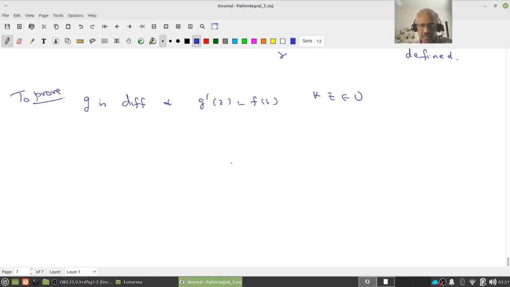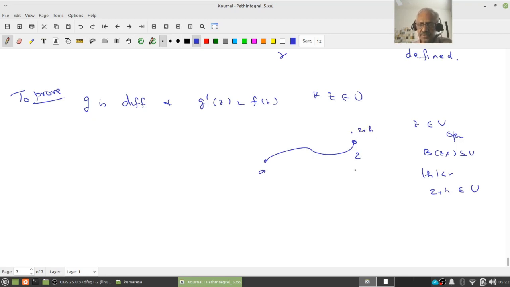So let us go slow again. I have a, I have z. Remember z is in U and U is open, therefore there exists some small r such that B(z, r) is contained in U. That means if I take mod h less than r, z plus h will be in U. So I am just taking some z plus h nearby.